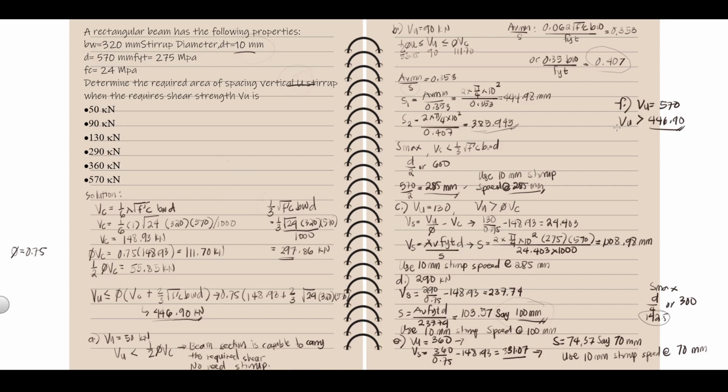Okay? So, meaning the beam cross-section or the beam itself is not adequate enough to carry the shear, the required shear. Okay? The required shear.